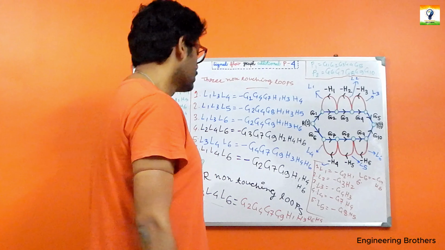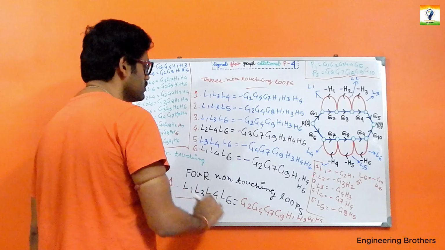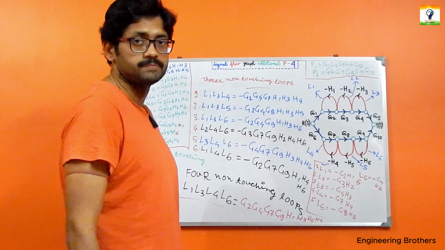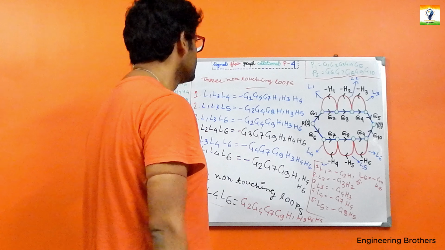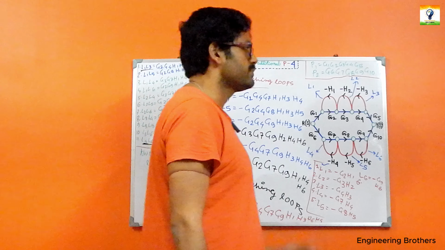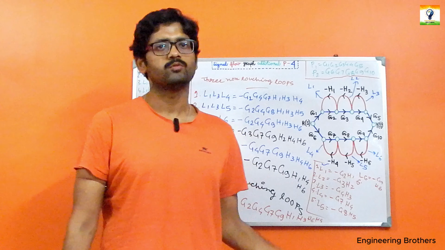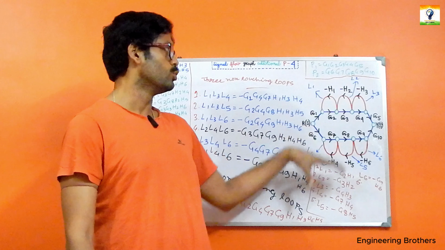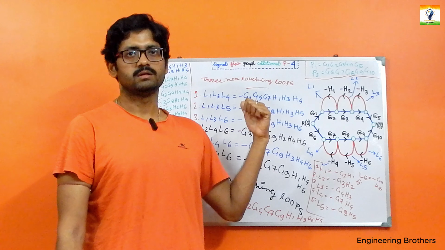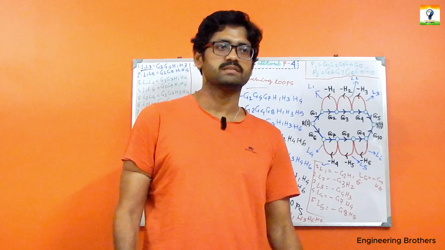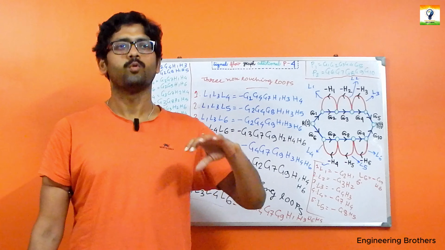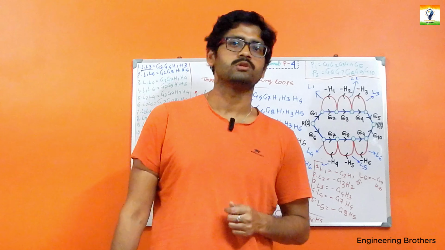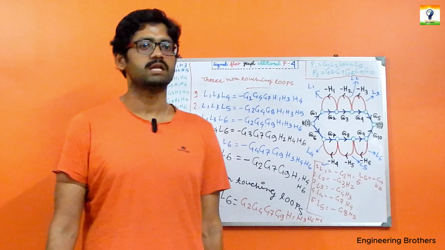So we are going to stop at these four non-touching loops. Now this portion is absolutely clear while considering these loops. In our next part we are going to form the delta with the help of these loops. That is the first part, the consideration while forming our Mason's gain formulation. I hope you have totally understood up to this one.